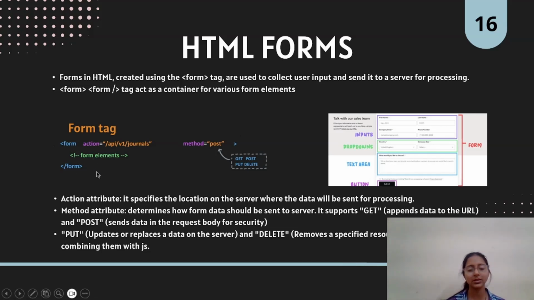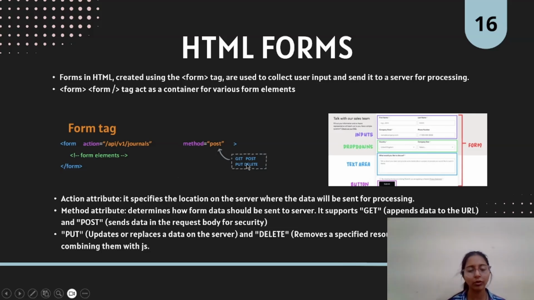All the form elements like an input field or a password field are enclosed inside a parent element called the form. The parent element has two major attributes: the action attribute and the method. Action attribute, as I explained earlier, is used to tell where to send this information, and method is used to tell how to send the information, what to do with the information sent by the form.